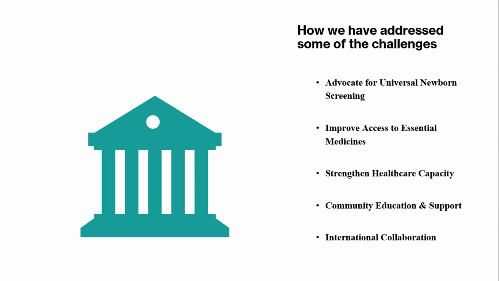And number four, community education and support. We are trying to raise public awareness to reduce the stigma, and we have things in place to ensure that this reaches the public in remote areas.